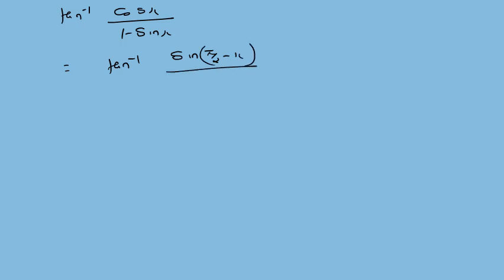Next question. Simplify tan inverse of cos x by 1 minus sin x. You know sin x is 2 sin x by 2 cos x by 2. So we can write this as tan inverse of sin(pi by 2 minus x) divided by 1 minus cos(pi by 2 minus x).